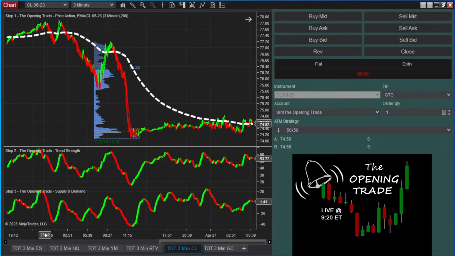Okay, so this is crude oil inventories. Here's yesterday. Had a giant fall.